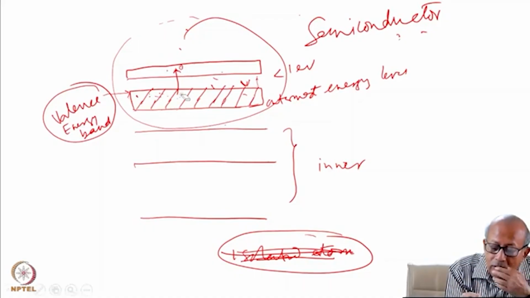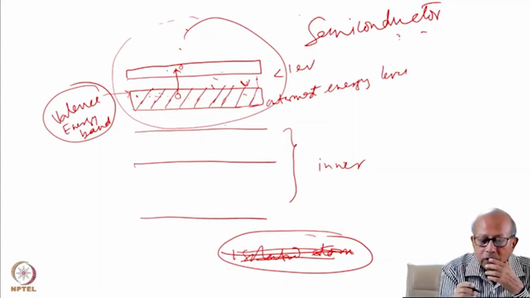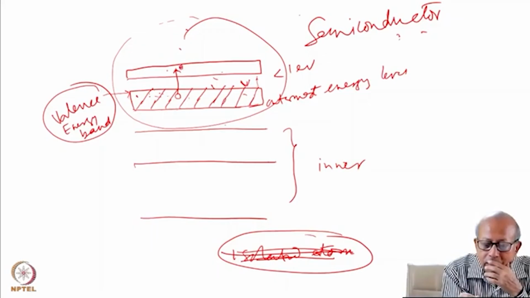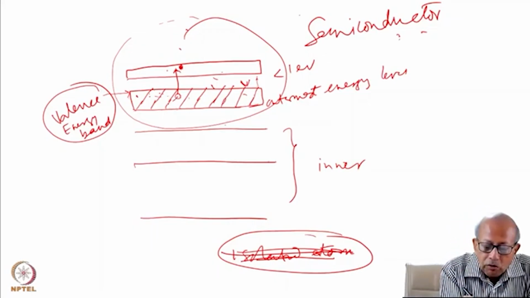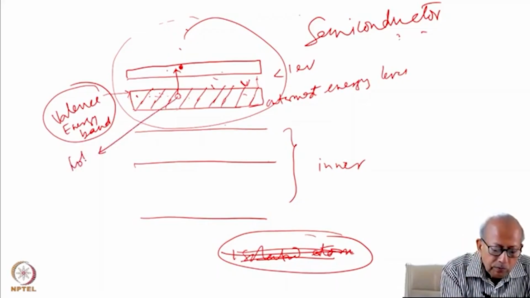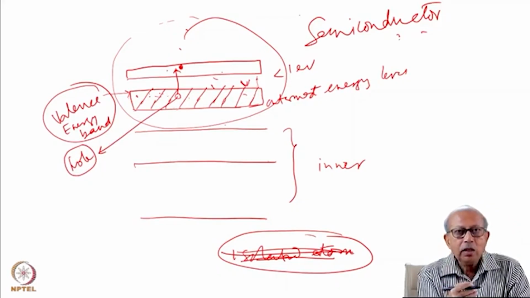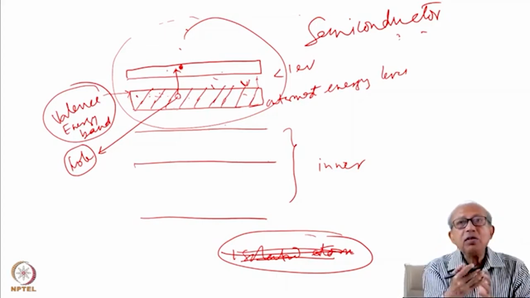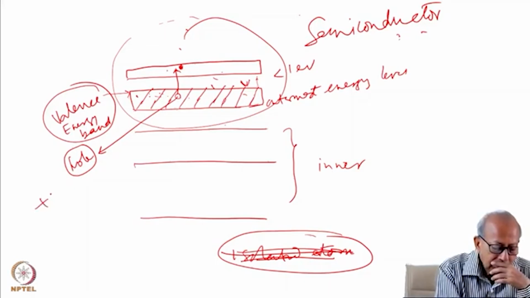It has left an empty space here, because the electron has moved away. It has created a corresponding empty state, which is called a hole. As it represents a deficit of electron, it has a positive charge. The electron is negative.